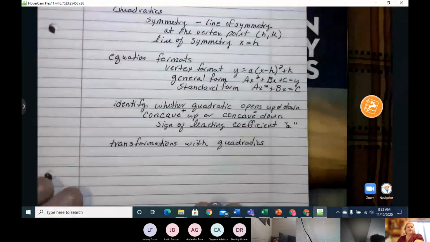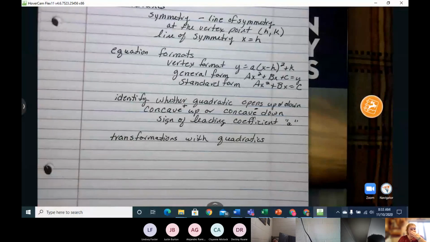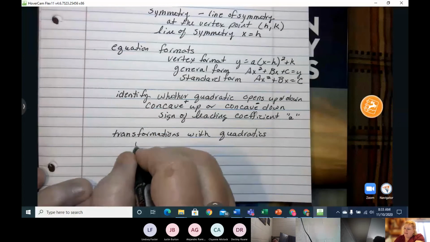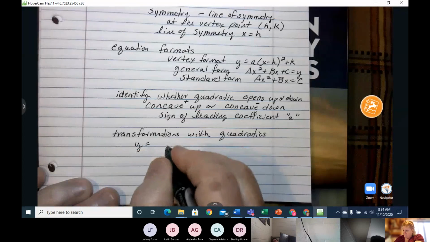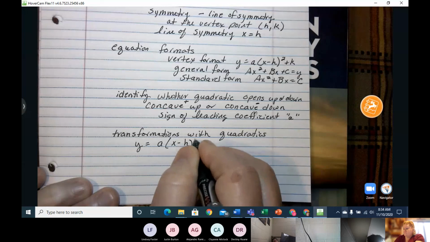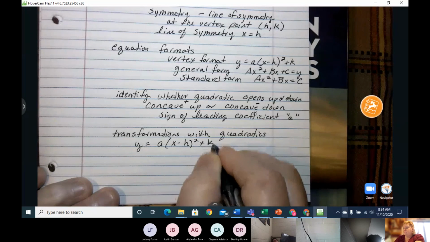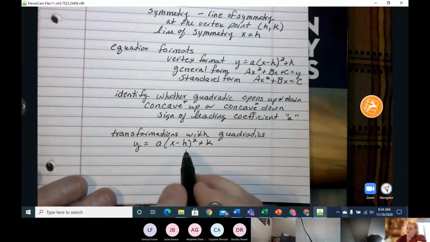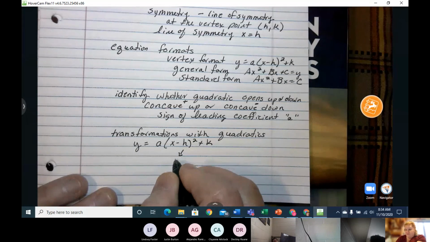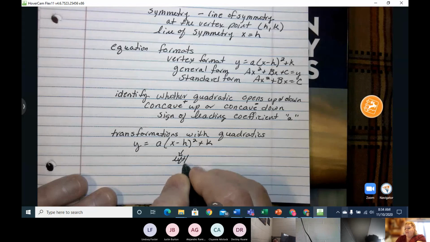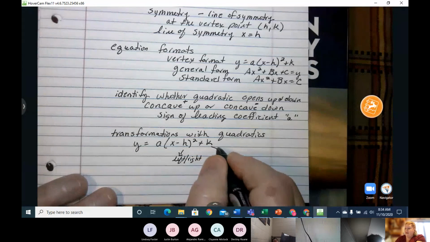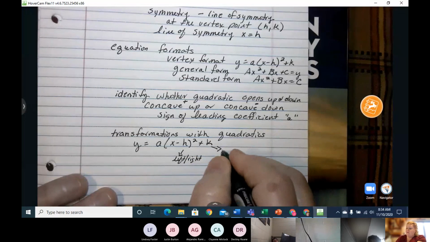You want to be able to identify transformations with the quadratics, particularly using the vertex form. Remember that the h value tells us how it shifts left or right. The k value tells us how it shifts up or down.